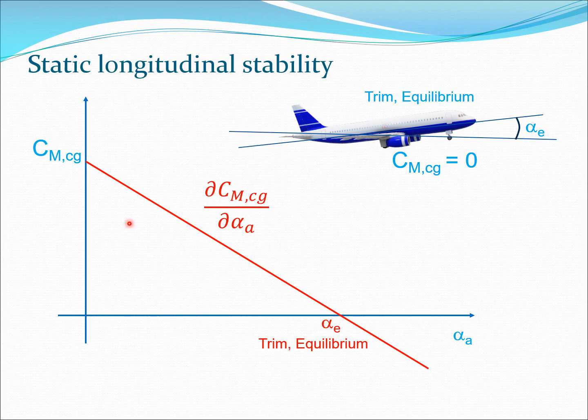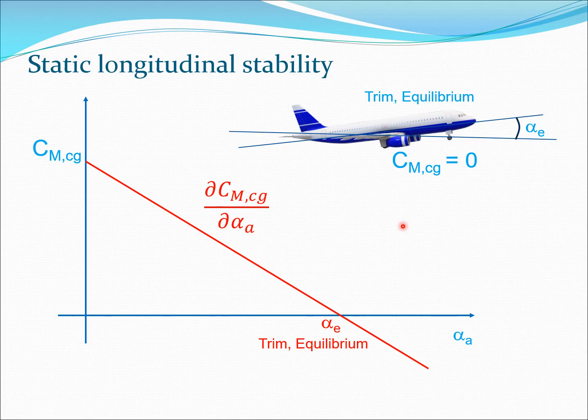Now let's go back to the line we started with, and that was the line for CMCG with respect to alpha A. So just recall that if the aircraft is flying at some angle alpha E, then CMCG is 0. This condition is known as trim.